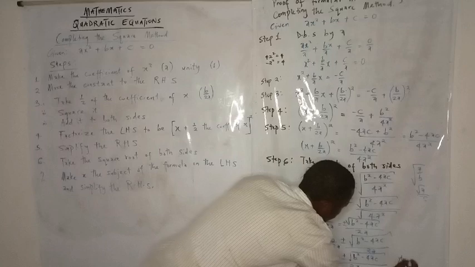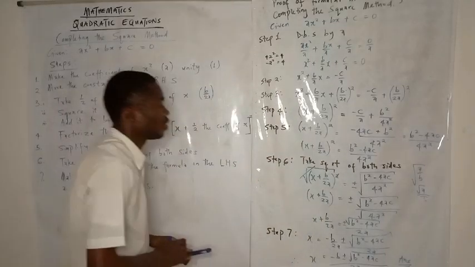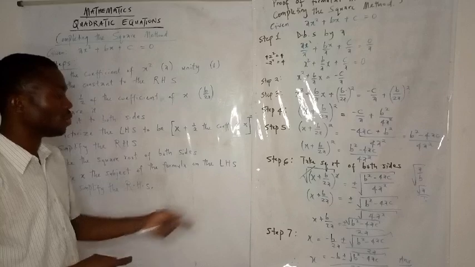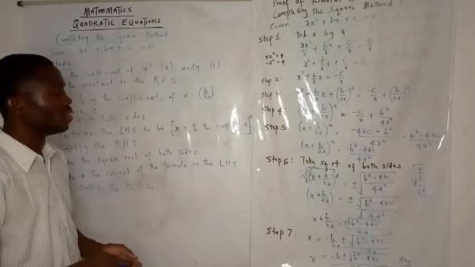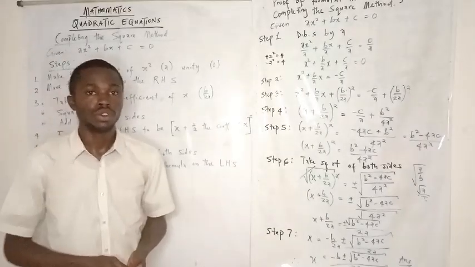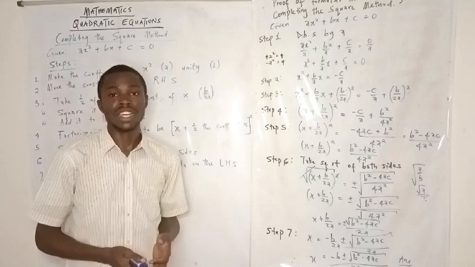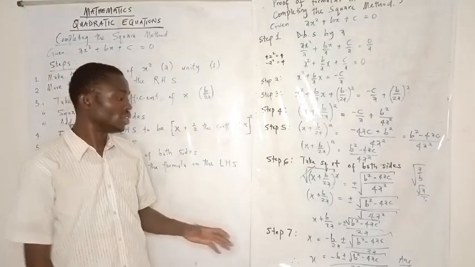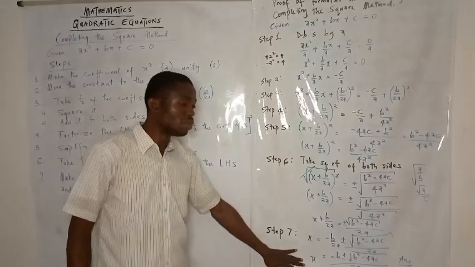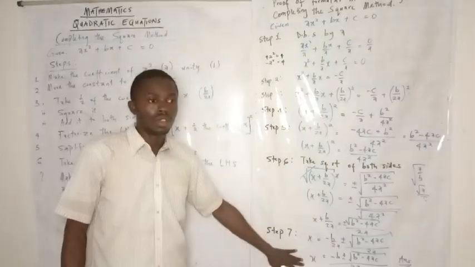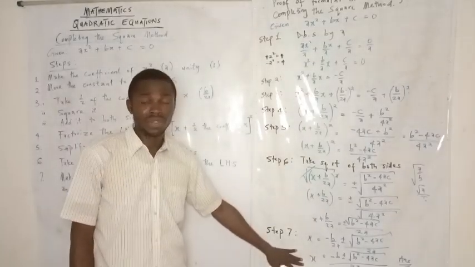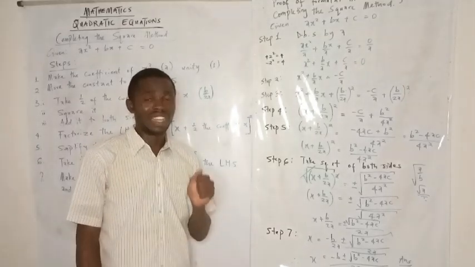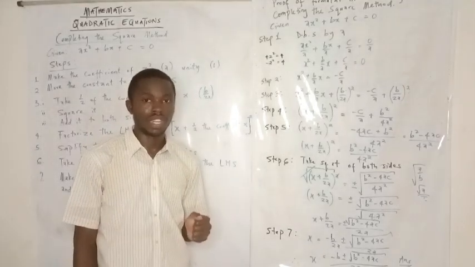So this becomes the final answer and the proof for the formula method of finding the roots of any given quadratic equation. One beautiful thing is that a given quadratic equation can be solved using this method. The formula method can solve any kind of quadratic equation, and even the completing the square method can do that as well.